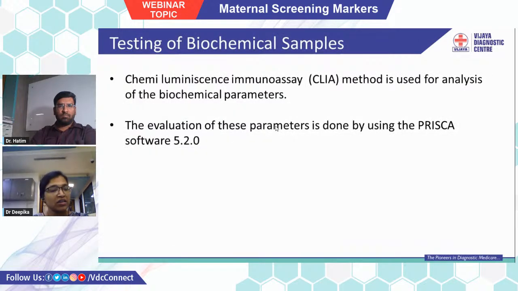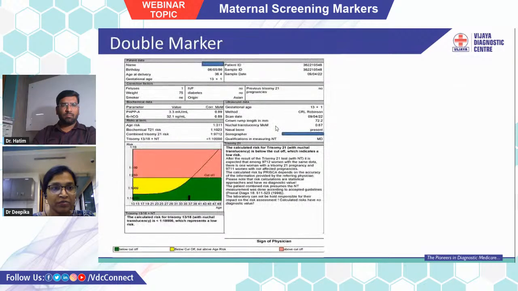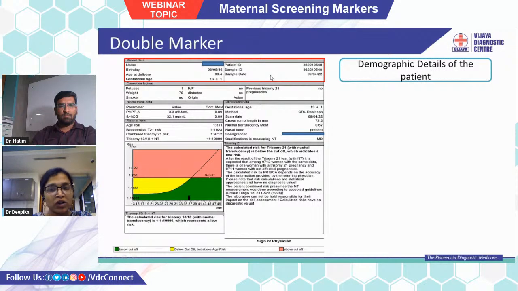So for testing of these biochemical markers, the method we use is chemiluminescence immunoassay, and the evaluation is done using Prisca software version 5.2. So this is how a report of a double marker looks. Here in the first column we have the demographic details of the patient, name and date of birth, the sample drawn date and the gestational age.